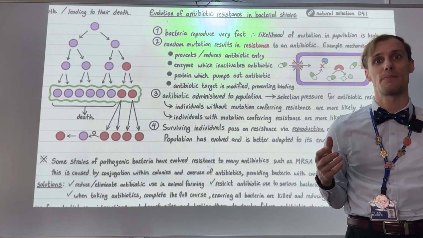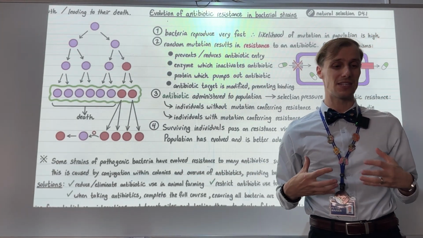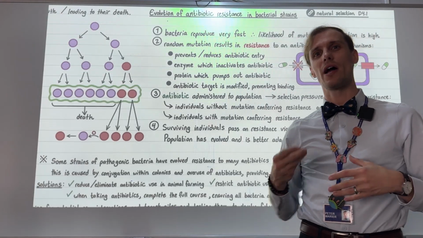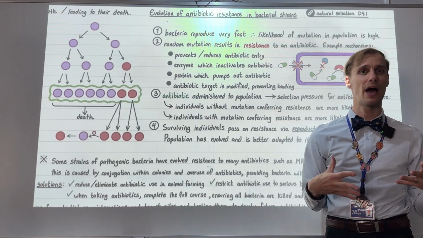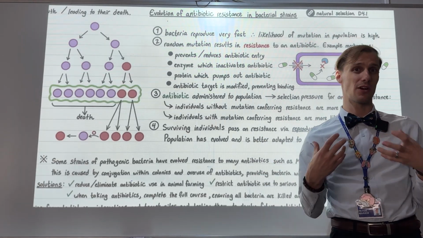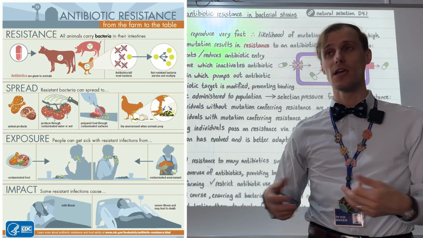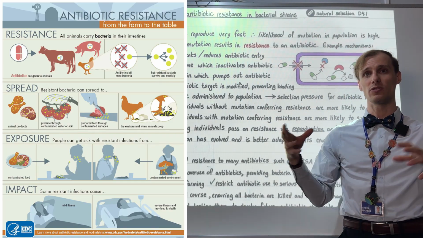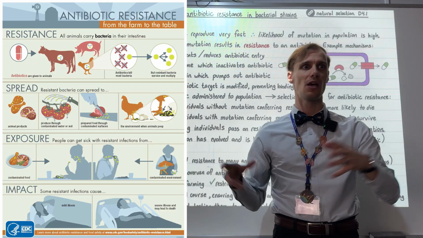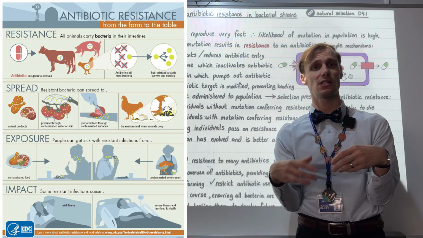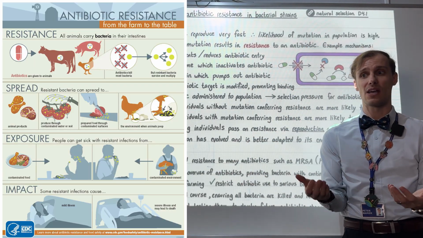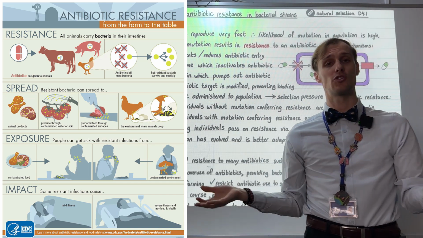What are some steps that we can do to try to mitigate this issue? One of the major reasons why this has become such a problem worldwide is that it's not just humans that are taking antibiotics, we also use antibiotics in livestock. Imagine we're holding a bunch of chickens, cows, and sheep in very close proximity. That also allows a higher degree of pathogen transmissibility.